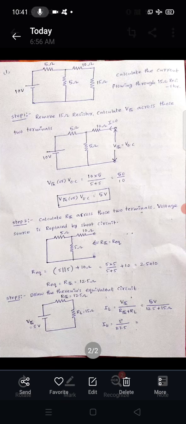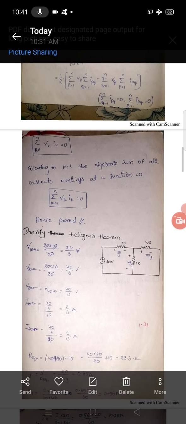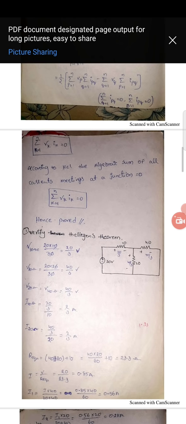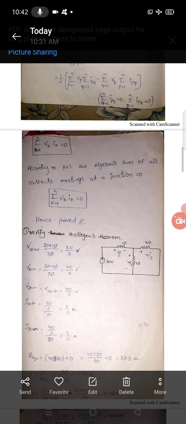Then we have 1 by 2 into summation p equals 1 to n of Vp into this value, which is 0, and 0 into anything is always 0, minus summation q equals 1 to n of Vq into this value, again 0. Then we get summation k equals 1 to n of Vk into Ik.